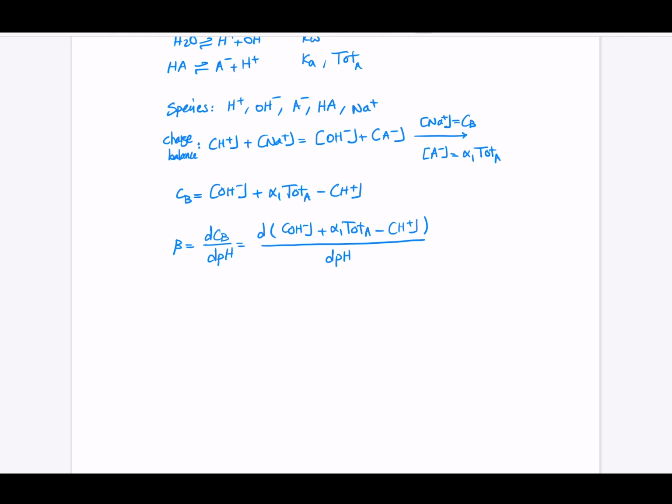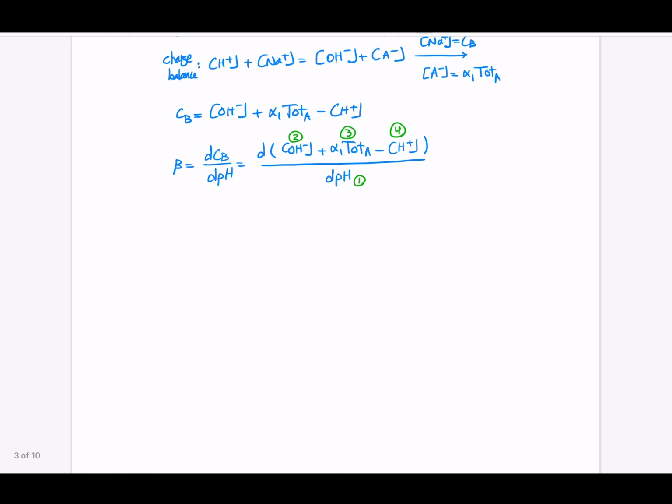To have it a little bit more organized, we can first expand dPH, then talk about dOH minus, then this alpha term, and then eventually the H plus itself. Just to do a little bit more organization.